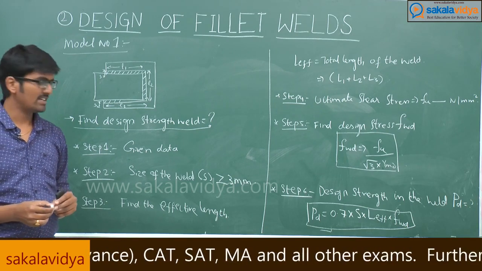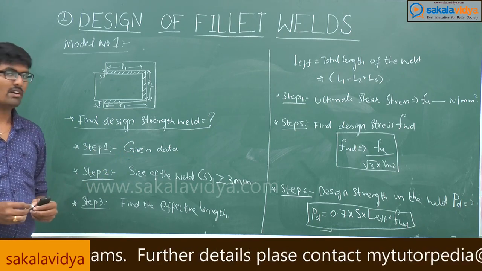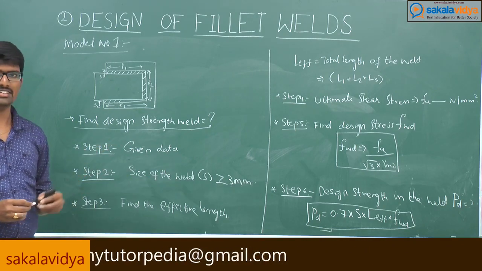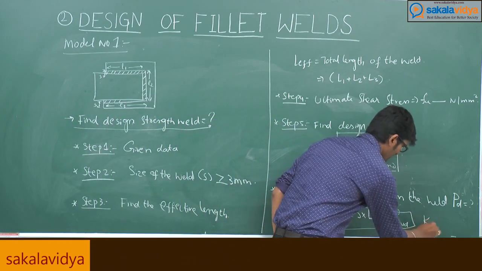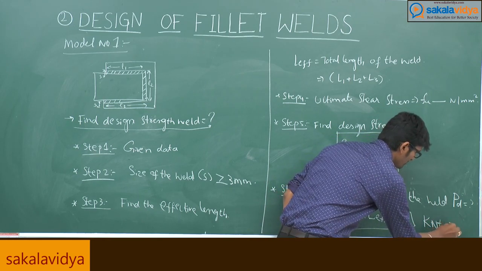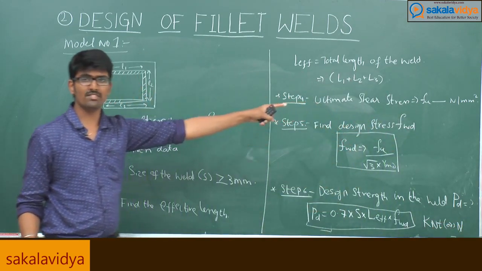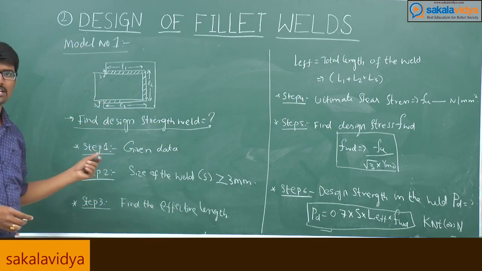P suffix D is equal to 0.7 into size of the weld into L effective into FWD. The units for strength are kilonewtons or newtons. For stress, units are Newton per mm square or meter square. We have to follow these steps in order to solve this type of problems.